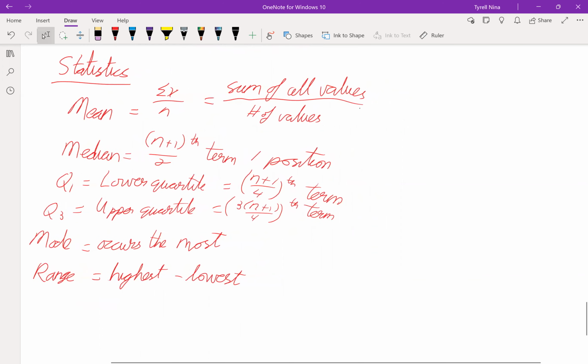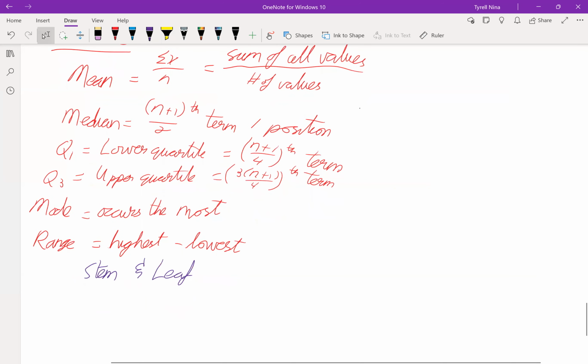Let's do the diagrams. Stem and leaf. It looks something like this: stem, leaf.